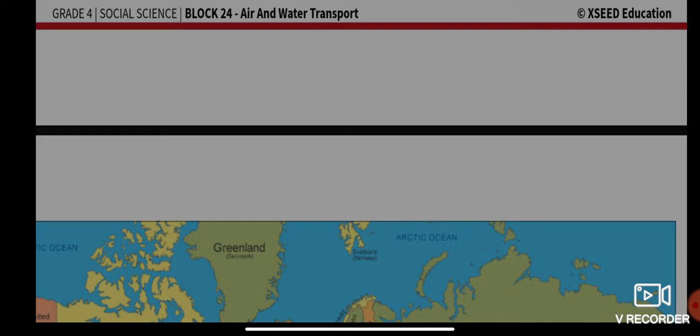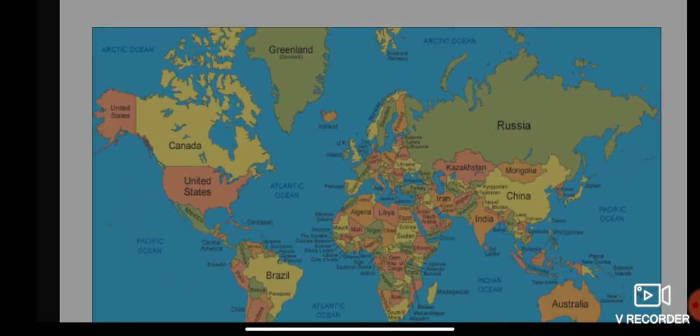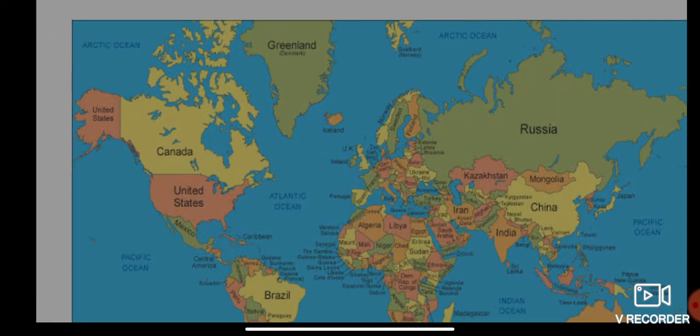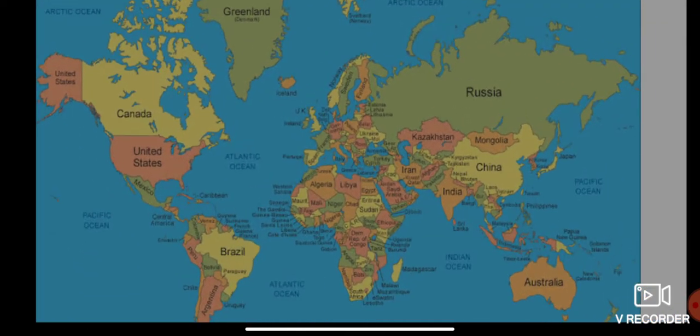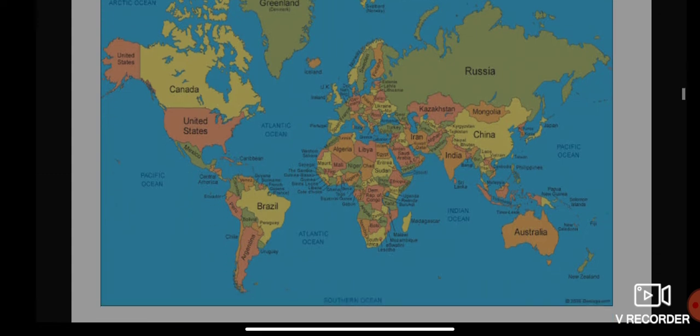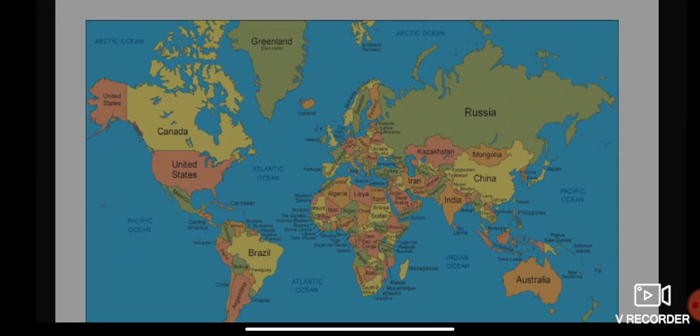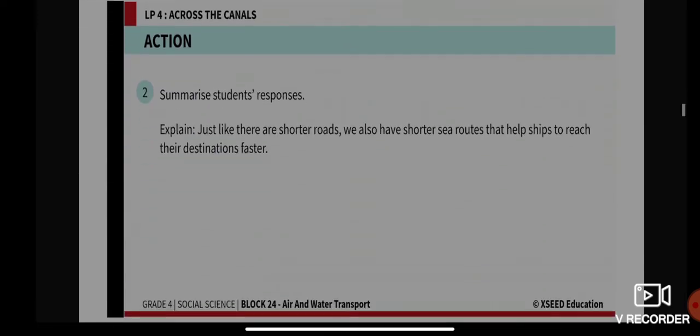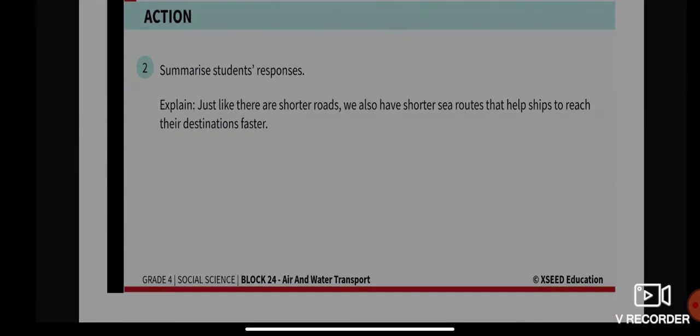See, this is a world map, which you will even see in your book. Before we get to our discussion, I am showing the picture so that you will be familiarized with it. Just like there are shorter routes, or shortcuts, we also have shorter sea routes that help ships reach their destination faster.